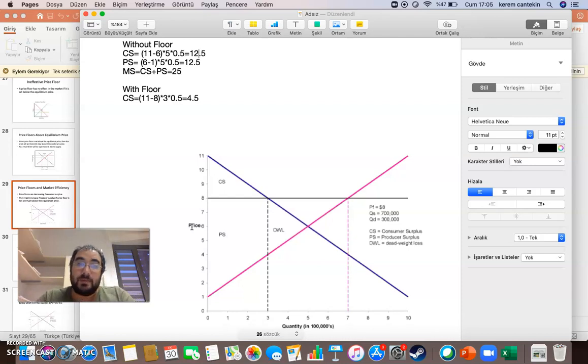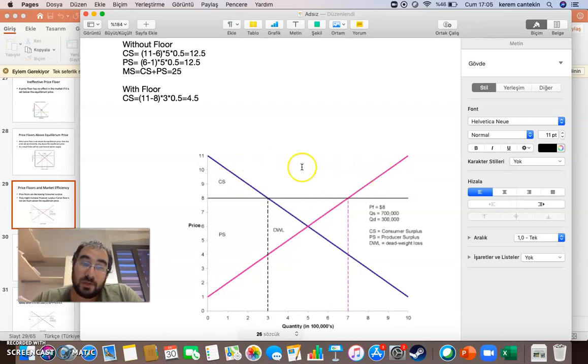And basically, if price floor is not that much higher than the equilibrium price, in that case, we expect the gain created by price increase will dominate and producer surplus will increase.